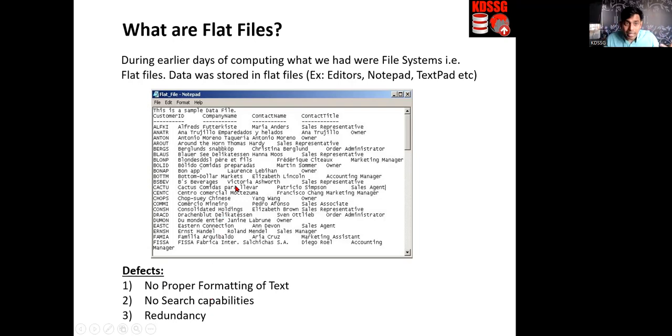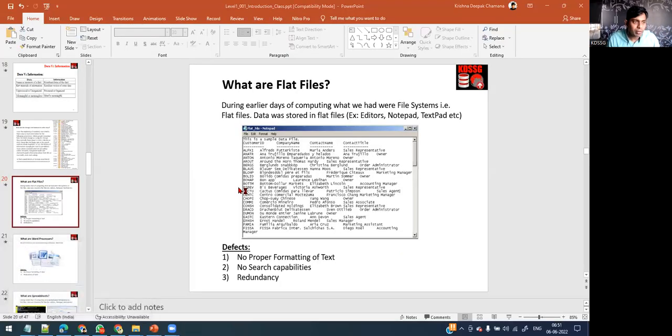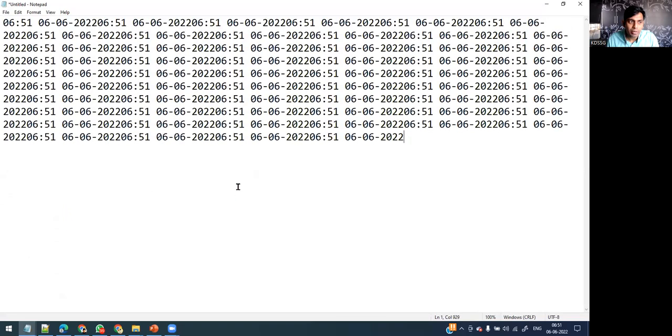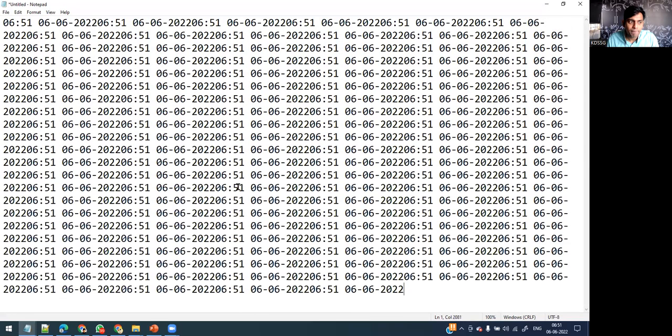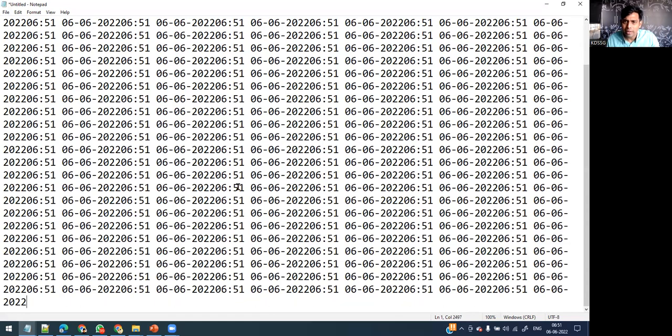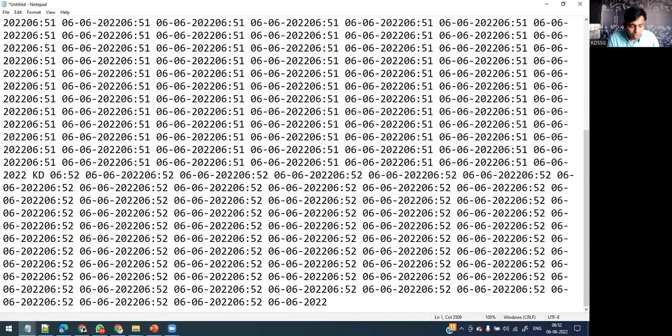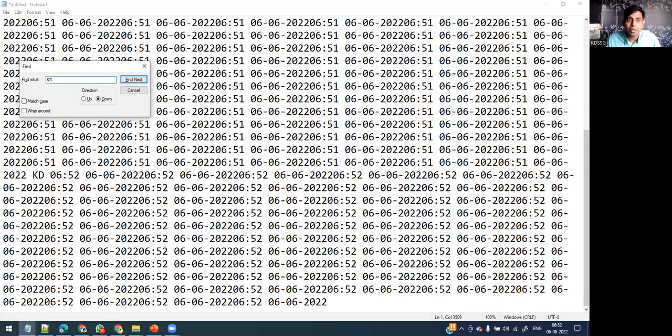Second, nowadays the latest Notepads have a search option. I open a latest Notepad and dump some data into it. If you press F5 in Notepad, it types the date and time, that's why I'm dumping data. I'll store KD in the middle, then put the date and time again. Now if I press Control F, we have the search option, type KD and find, found it.